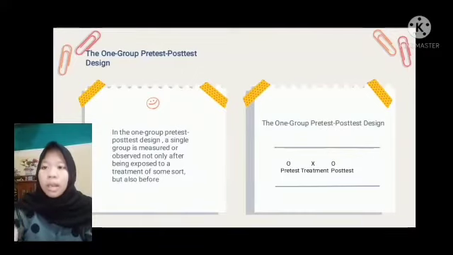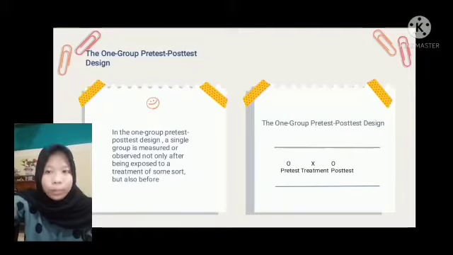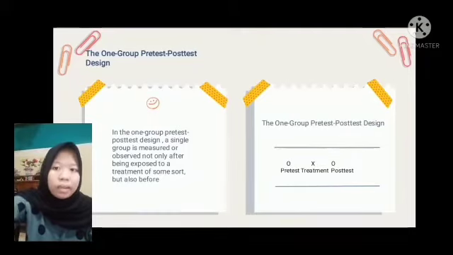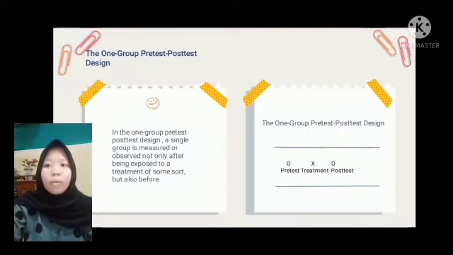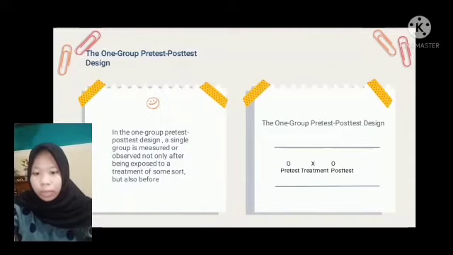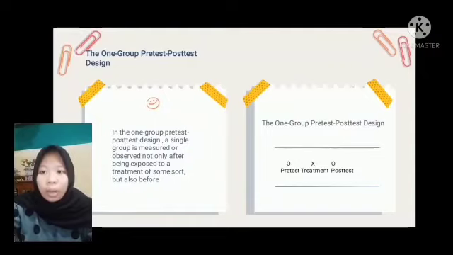So the diagram of this design is as follows. As you can see, O as a pretest, and then X as a treatment, and then O as a posttest. So it combines three tests in here.